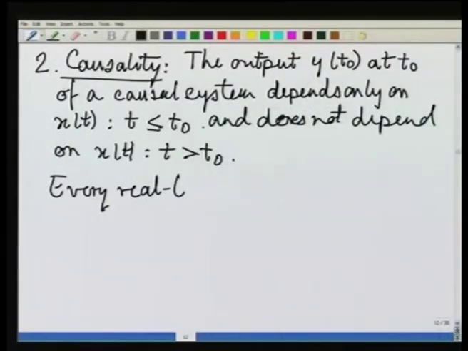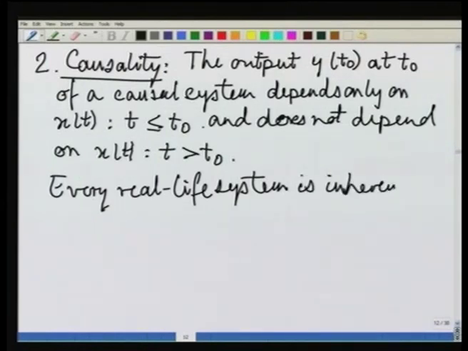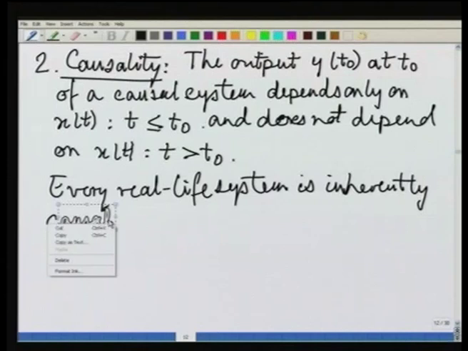In real life, every system has to be causal. Every physical system is inherently causal.